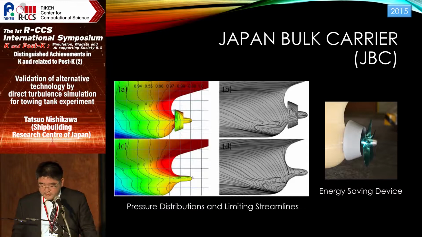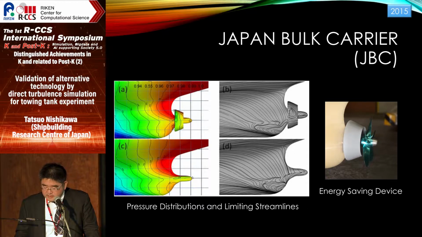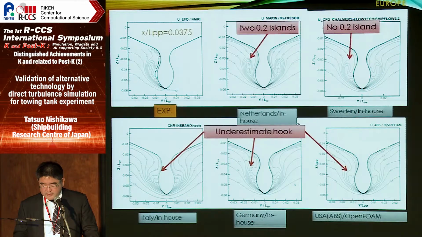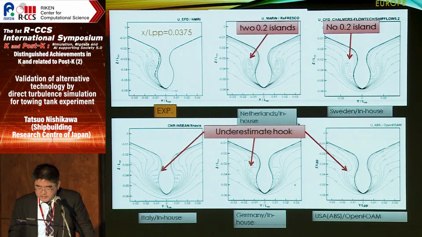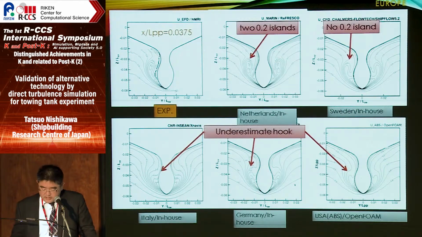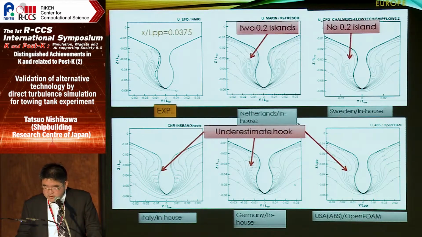In 2015, they adopted a new benchmark ship called Japan Bulk Carrier to investigate the energy-saving device effect, which has been a hot topic recently. The wake distributions were collected all at once from many organizations in the world. And very interesting is that almost all results were poorly predicted.